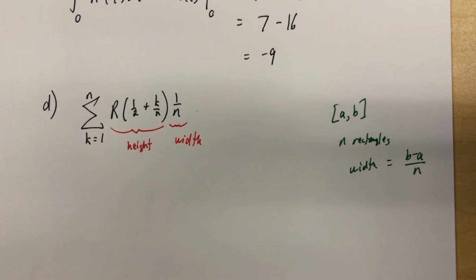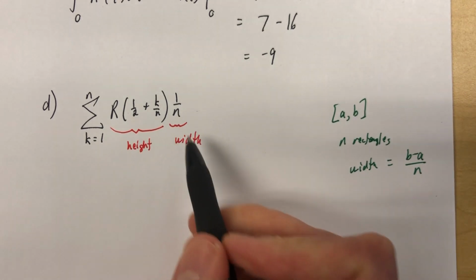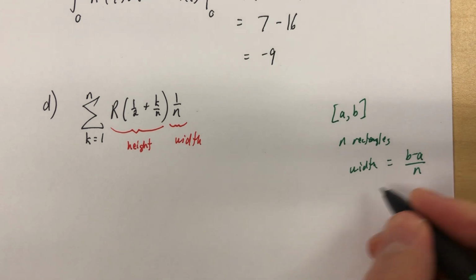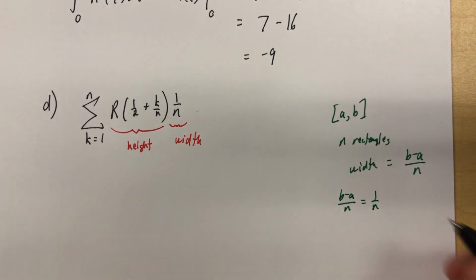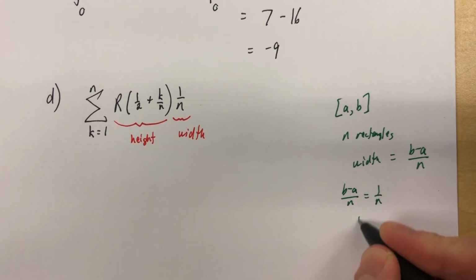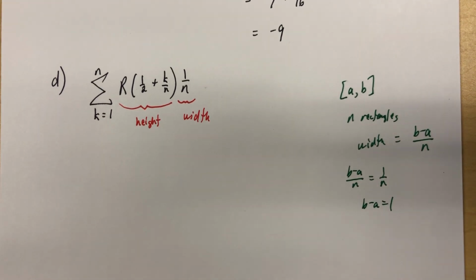Hopefully that looks familiar. Well, the width of my rectangle is 1 over n. So if I have b minus a over n equals 1 over n, then b minus a equals 1. So here's what I'm really saying, that b minus a, the width of the entire interval, is 1, and that is incredibly good to know. That's going to come in very handy here in just a second.